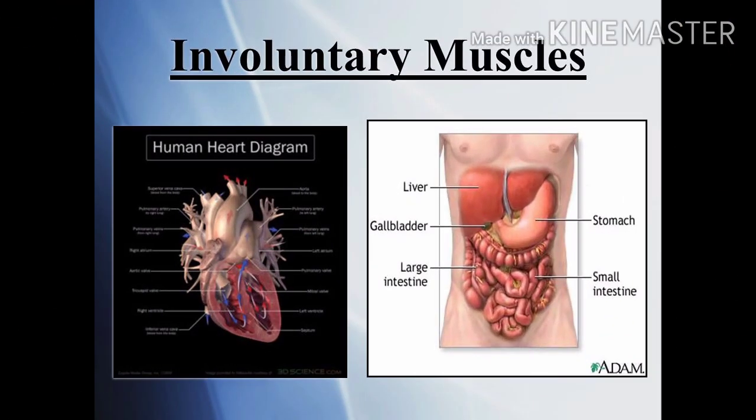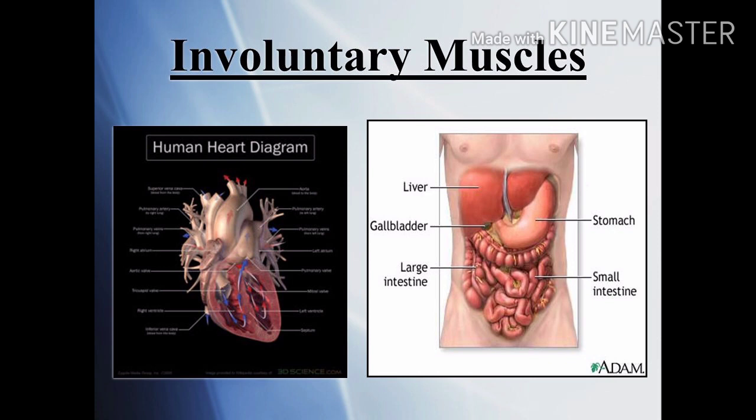Whereas some muscles do not work at our will. They are working all the time, even without our knowledge, and are called involuntary muscles. You can see these types of muscles in our liver, heart and stomach.